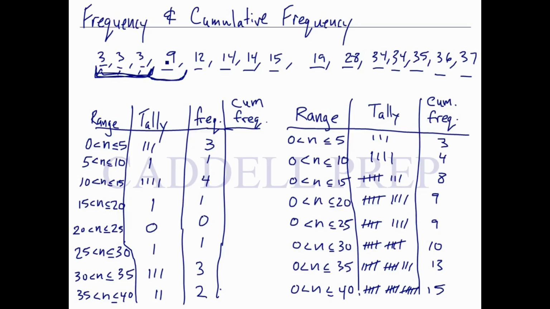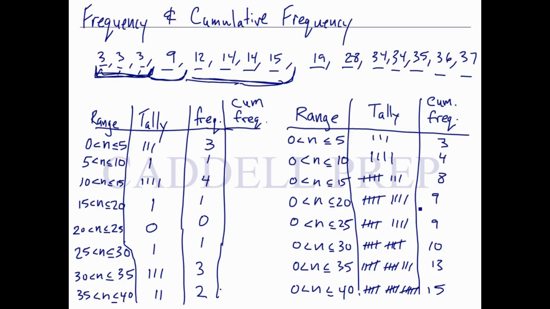So there was one more number, so it went from 3 to 4. Then 0 to 15, we have these, and the group now goes up to here. So we added 4 more numbers. The cumulative frequency was increased by 4. It went from 4 to now 8 numbers here.